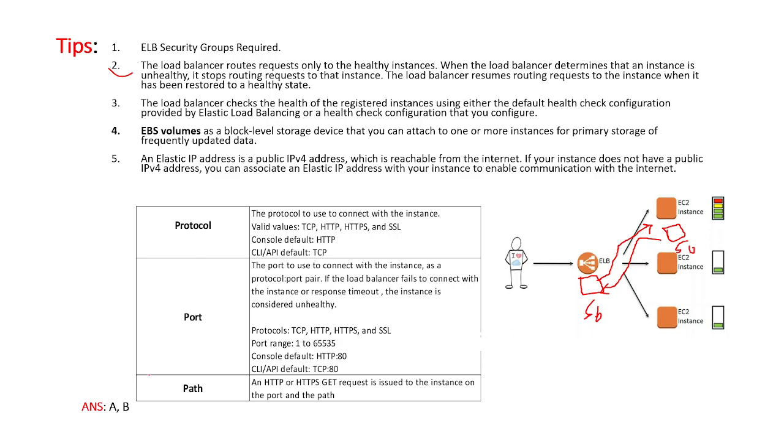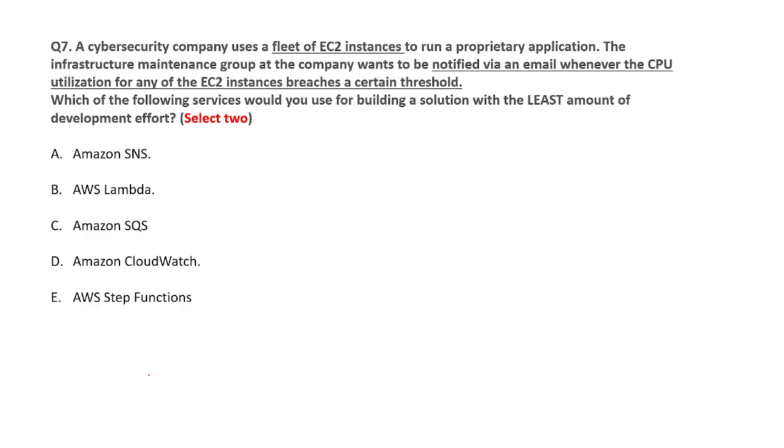So let's get to the next question. Question number 7: a cybersecurity company uses a fleet of EC2 instances to run a proprietary application. The infrastructure maintenance group at the company wants to be notified via email whenever the CPU utilization for any of the EC2 instances breaches a certain threshold.